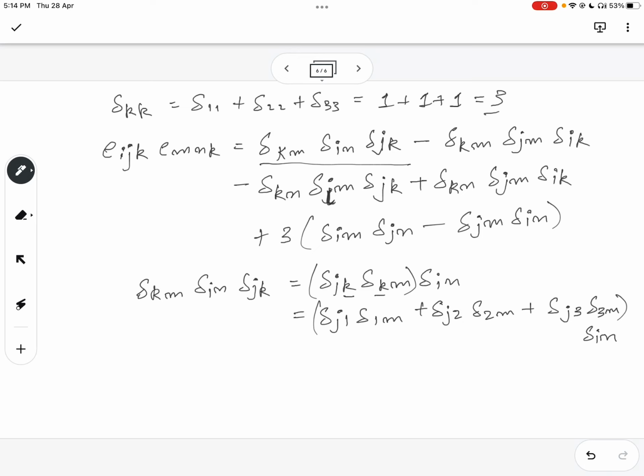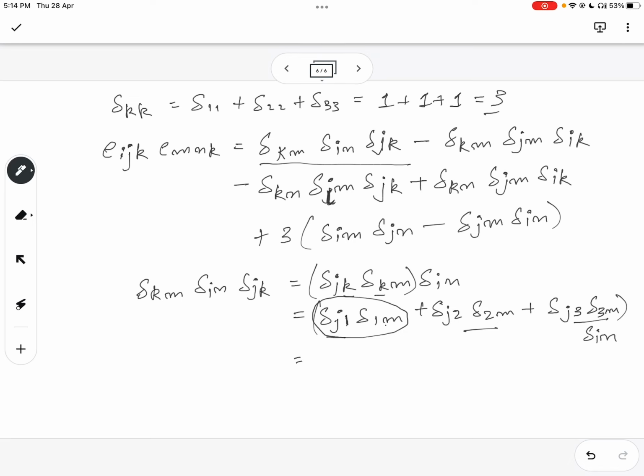So these terms, delta J1 is only 1 if J is equal to 1, and similarly delta 1m is only 1 when m is equal to 1. Similarly for the other two terms as well. So when is this whole quantity equal to 1?